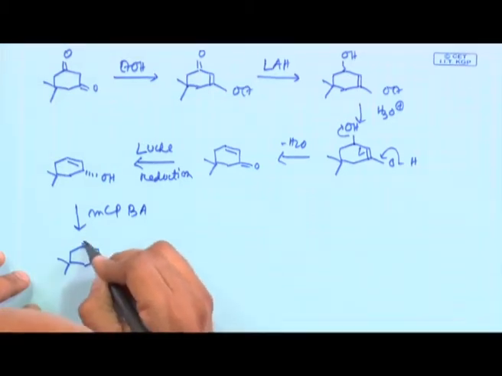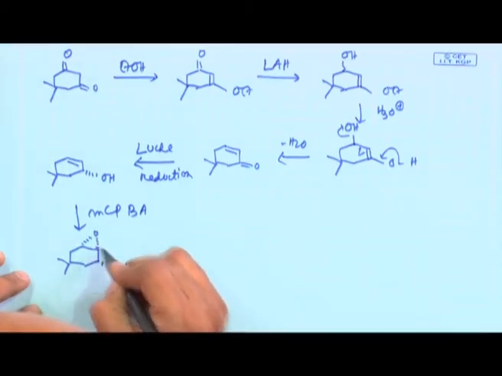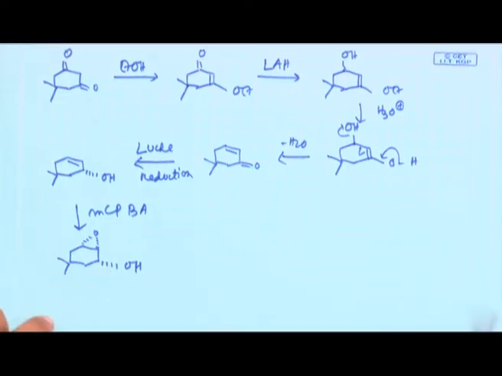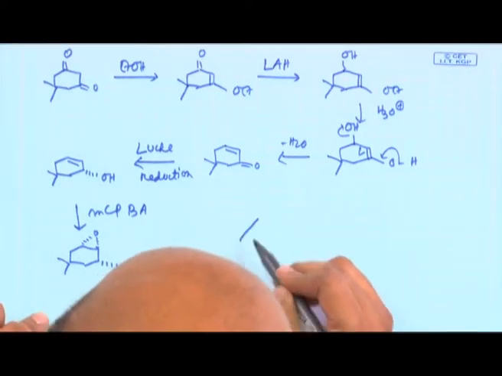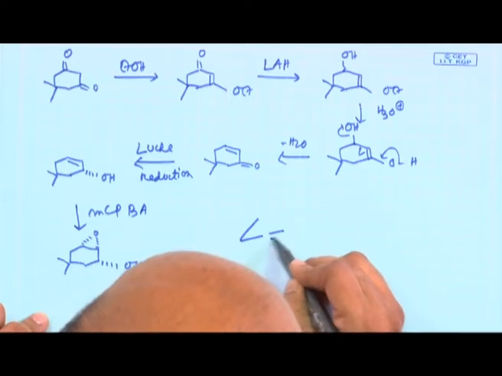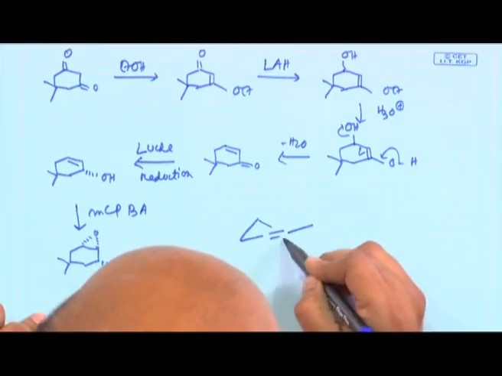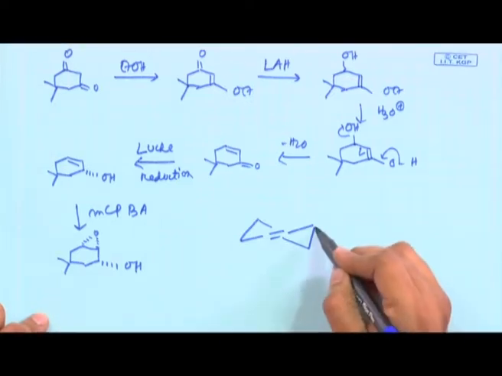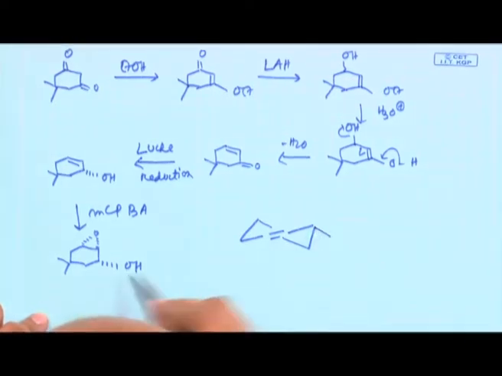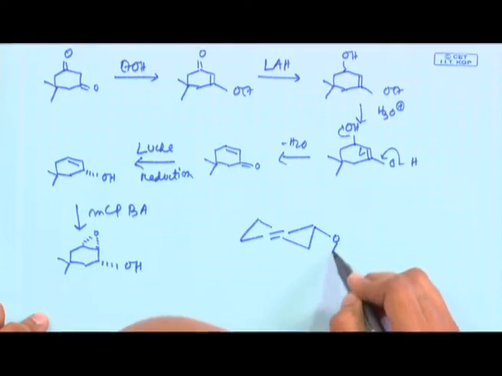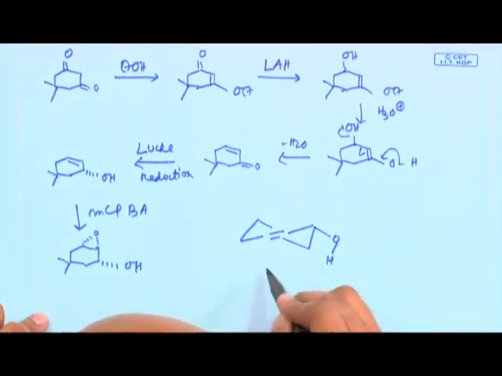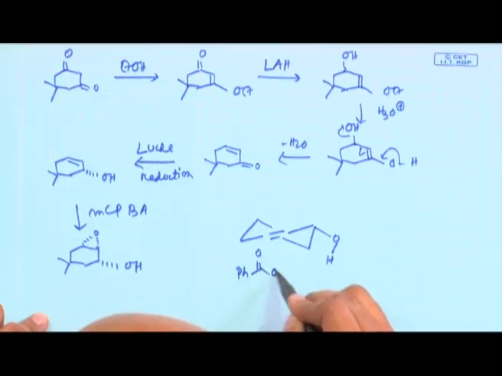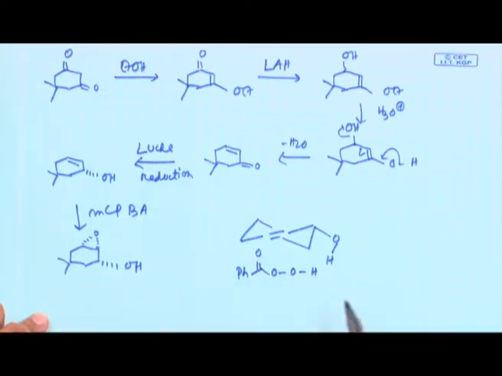hydroxy directed epoxidation. Now, this is a very interesting reaction. Normally, the stereochemistry can be explained through a chair type of geometry. We said the hydroxy is below, so it is having this kind of geometry, and mCPBA is basically Ph C double bond O, OOH peracid.